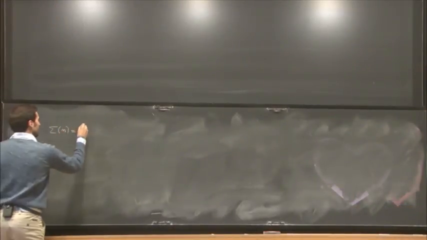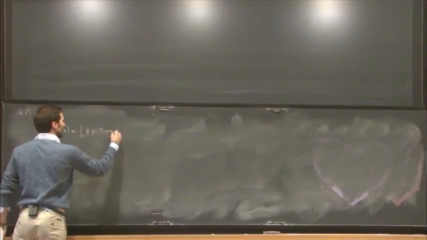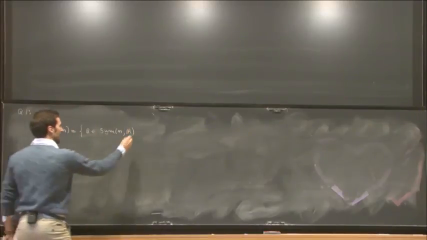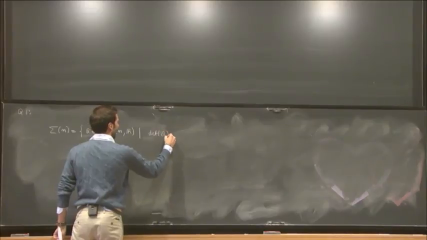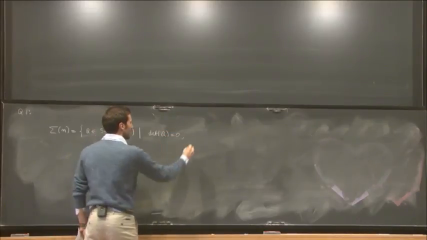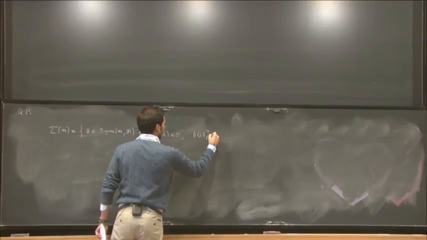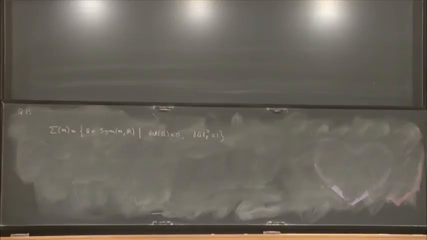It's going to be the set of symmetric n by n matrices with real entries, with determinant 0 and Frobenius norm 1. So essentially, this is the set of singular symmetric n by n matrices.